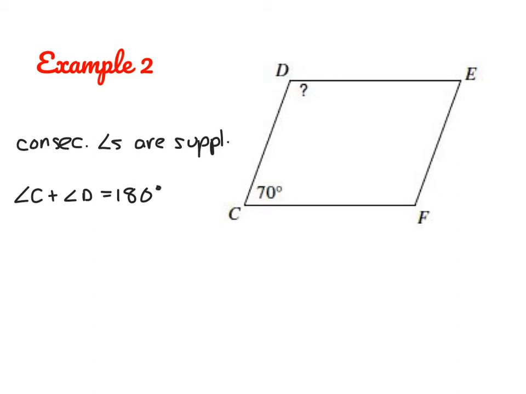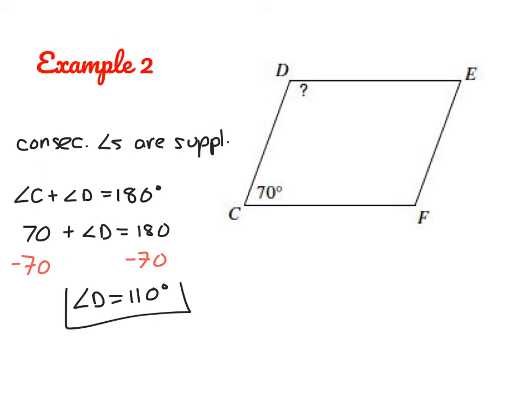Angle C is 70, so I can substitute, and then finish solving for angle D by subtracting 70 from both sides. We get angle D is equal to 110 degrees. Once again, we use the fact that consecutive angles are supplementary.